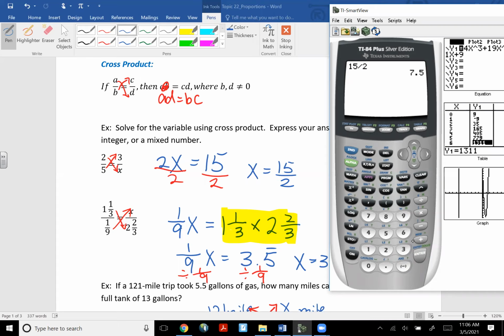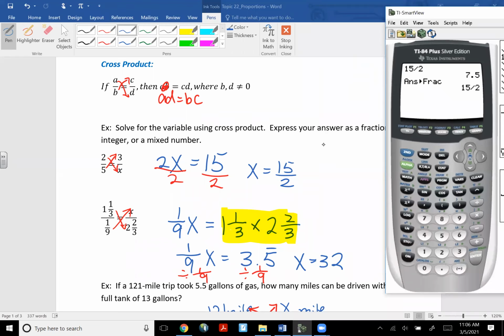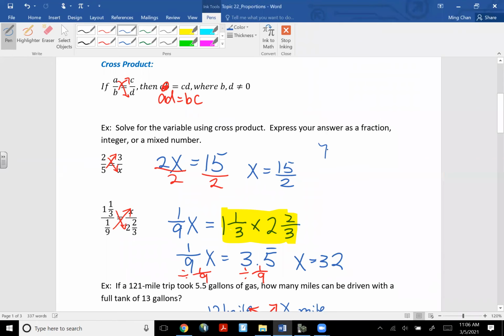So how do you convert into a mixed number? You need to convert into a fraction first. If you have one of those scientific calculators, once you get the decimal answer, like 7.5, you need to use the F to D command to convert it.